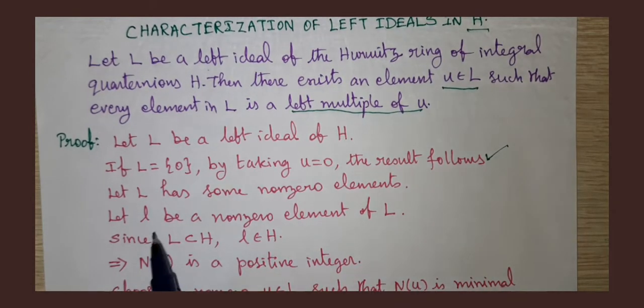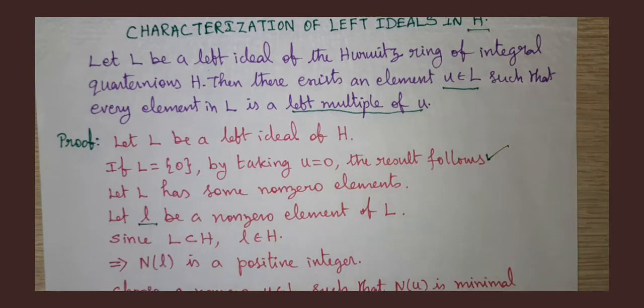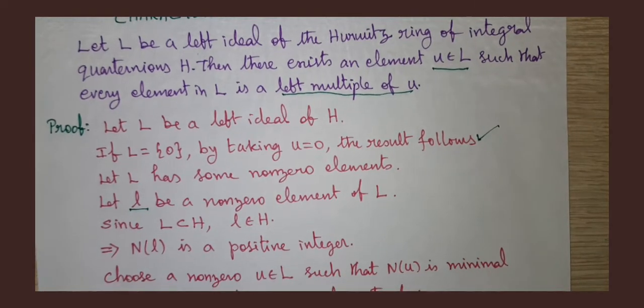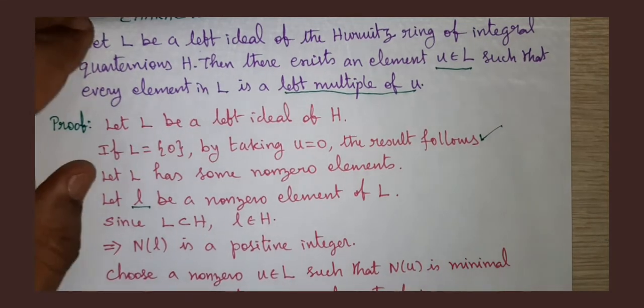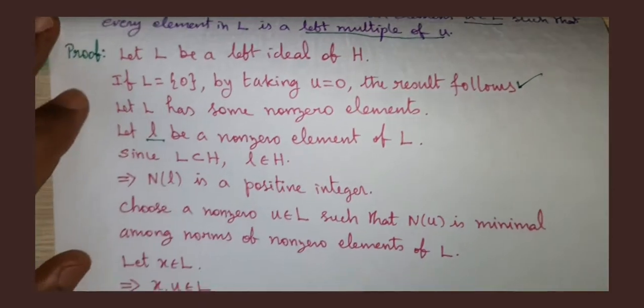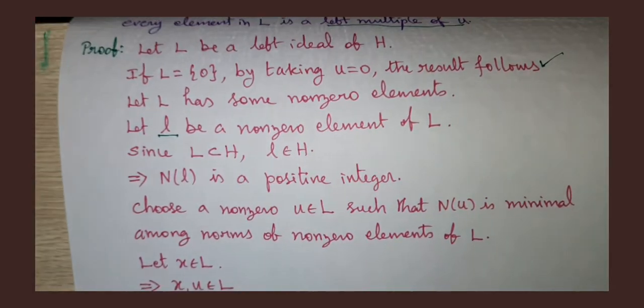So now we are taking the next case, L not equal to {0}. That means L has non-zero elements also. Let us take one such non-zero element. Let L be a non-zero element of L. Because L is a left ideal of H, L is a subset of H. Therefore, any element in L is an element of H. And for any element in H, its norm is a positive integer. Therefore, n of L is a positive integer. So for each such non-zero element in L, we will get a positive integer.